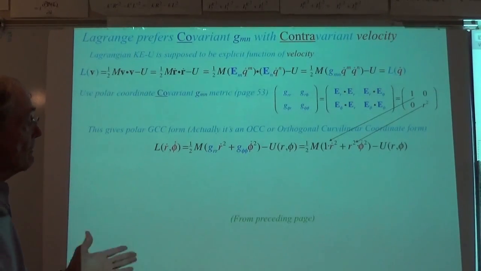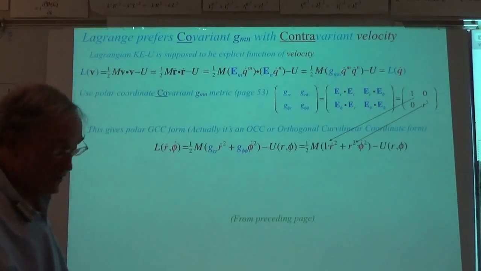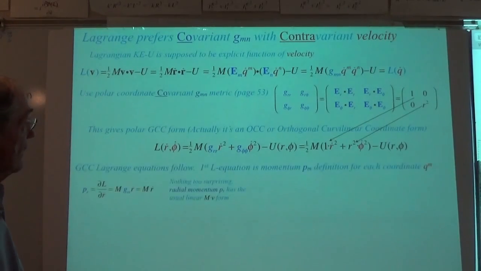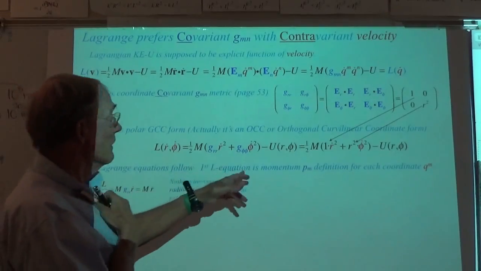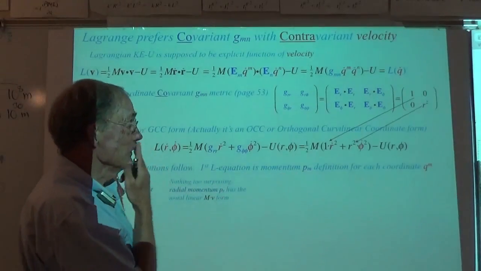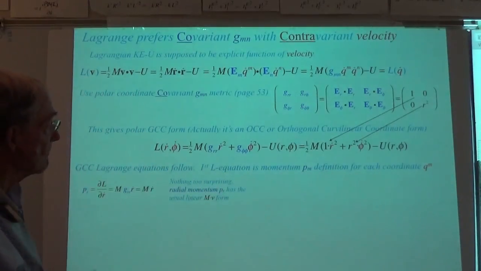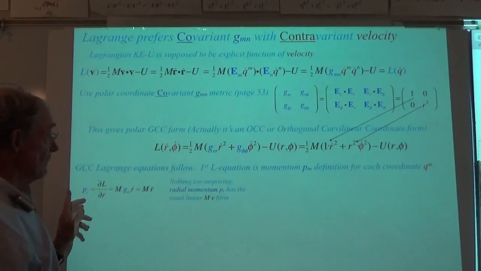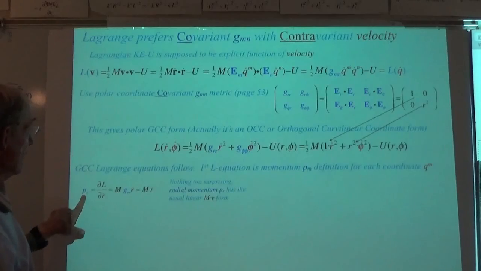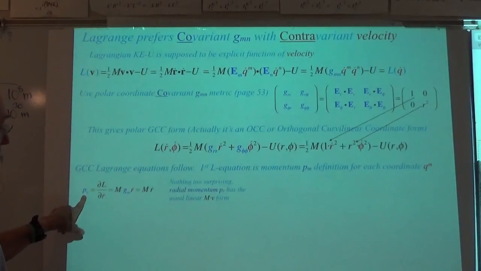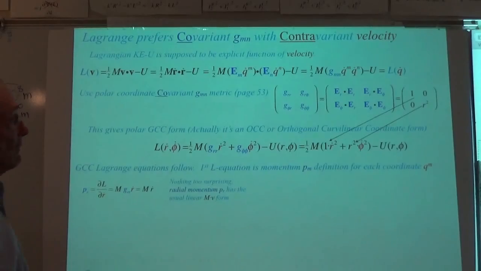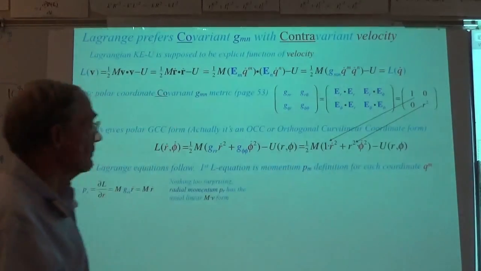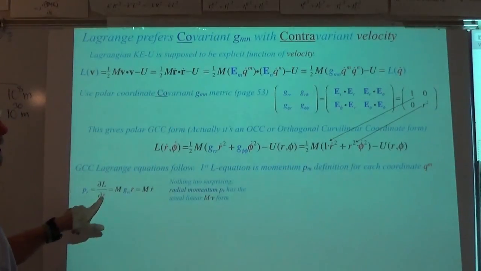Okay? So this is just the preceding page that we were looking at here, and now I'm going to write the first Lagrange equations. And what we're going to be getting from these is whatever the generalized momentum is. Now this one isn't very surprising because we only have a 1 here. We take the partial derivative with respect to r dot.